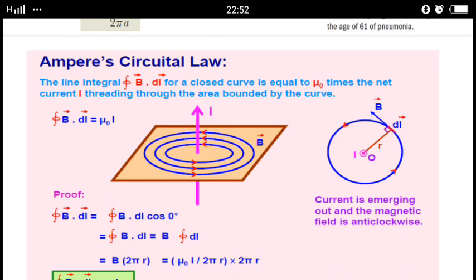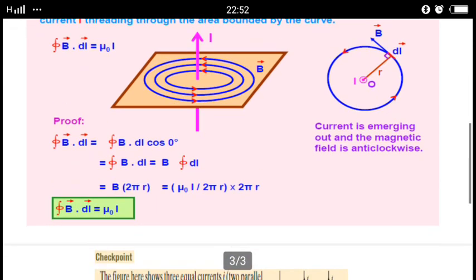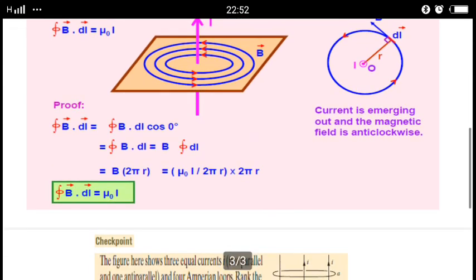B is constant, with value mu naught I upon 2 pi r, and the sum of dl is the length of the circumference, that is 2 pi r. On calculating, we get the line integral of B dot dl is equal to mu naught I, which is nothing but the Ampere circuital law.